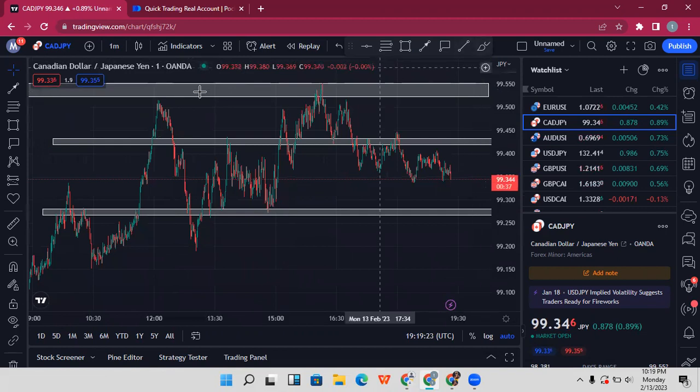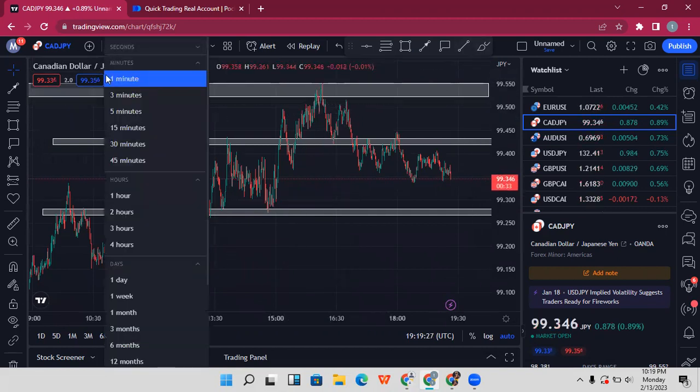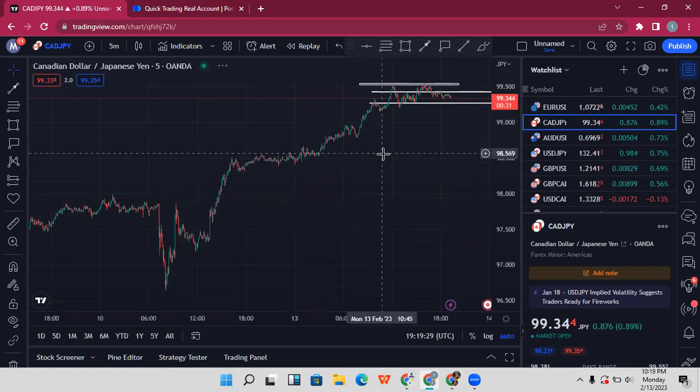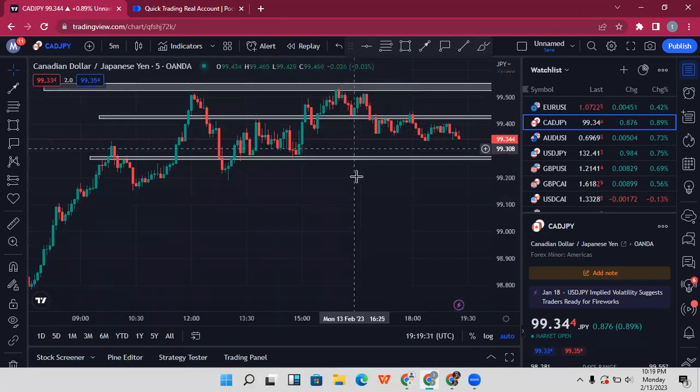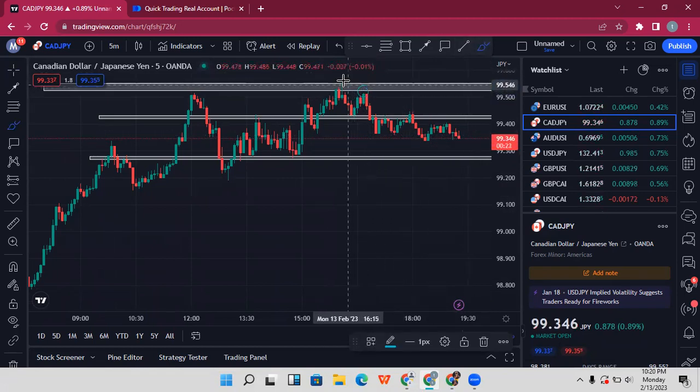This is our first touch here, this is our second touch, this is our third touch. On the 5 minutes, it is more clear. You can see there is a touch here, a touch here, a touch here. So clearly this is a level that we are expecting price to react to.